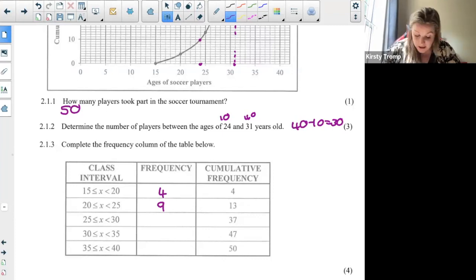If my cumulative frequency was 37, and my cumulative frequency before was 13, then we're going to say 37 minus 13 is going to give me 24. To get my frequency previously, I'm going to say 47 minus 37 gives you 10, and 50 minus 47 gives you 3.